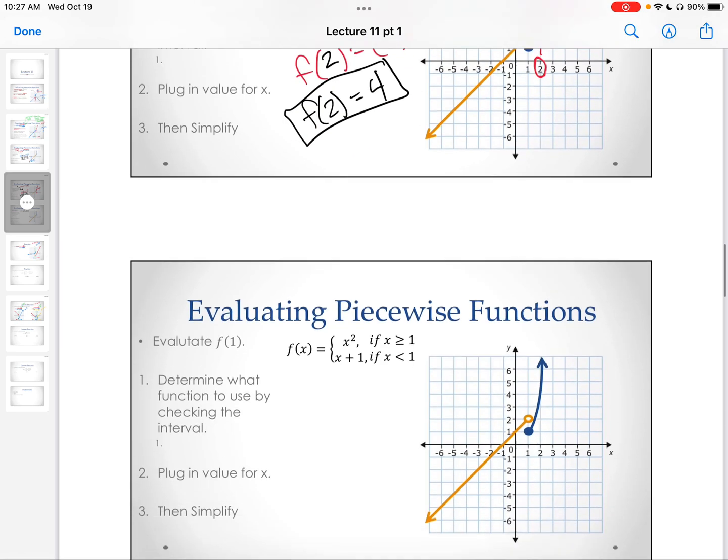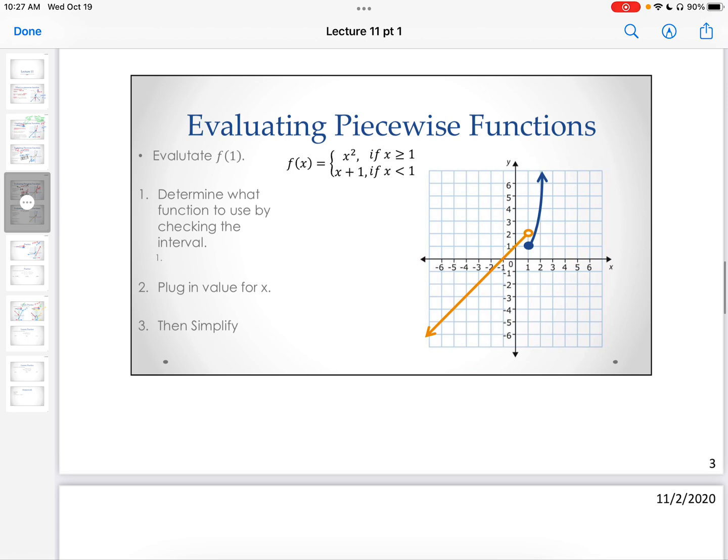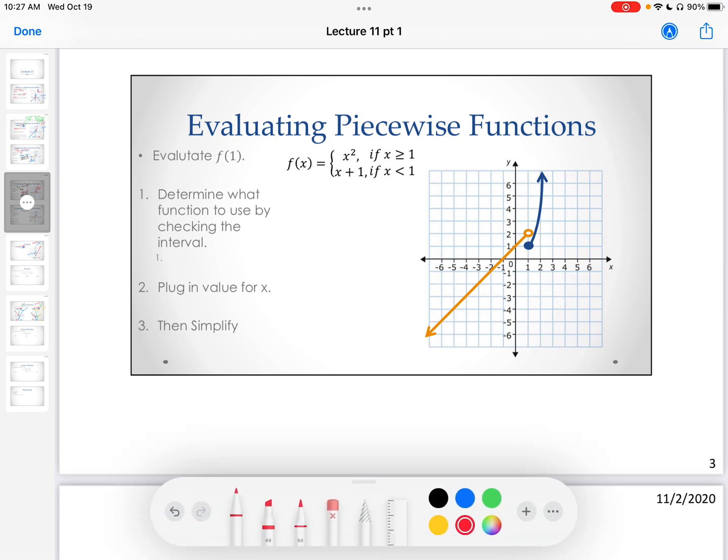Okay, and then the last one that we have is the one that can trip some people up. We've got to evaluate f of 1. So what is our x value? Well, our x is 1. So this is tricky because 1 is our split point. That's where the change happens. So I need to look at my red function here, and that says that if x is greater than or equal to 1, what does our x do?